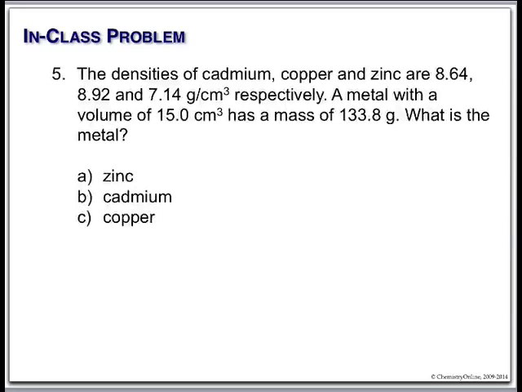You're going to need to know that in about 2 minutes. Mass divided by volume is density. Do the calculation. You get 8.92, which matches copper.